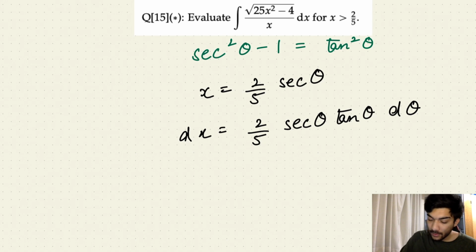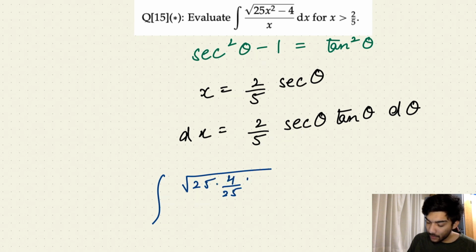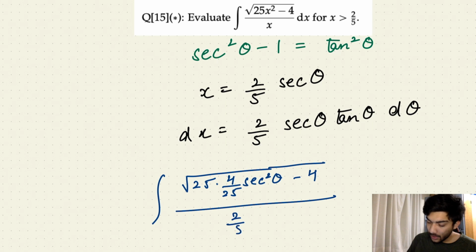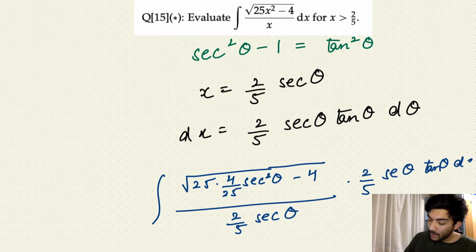Our final integral will become under root 4 secant square theta minus 4, upon x, which is 2 by 5 secant theta, and your dx is 2 by 5 secant theta tan theta d theta, right?